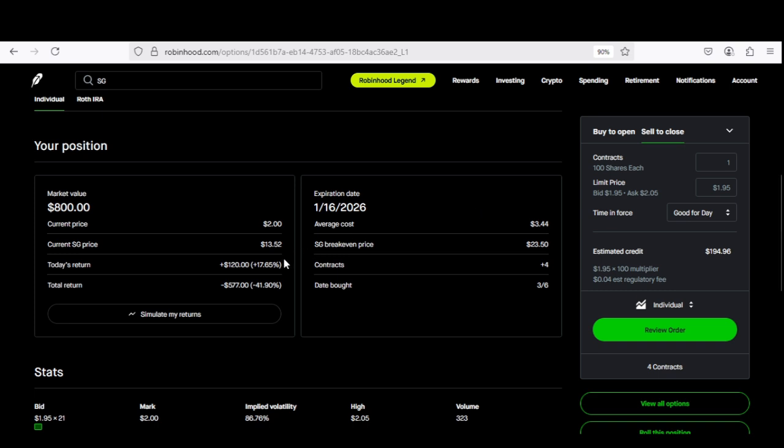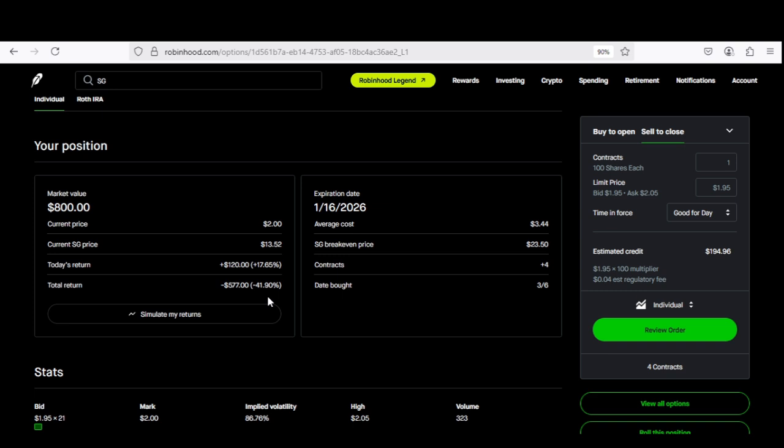As you can see here, I have a total return for the last trading day of $120. However, overall, I'm down almost $600, which is 44% on just this trade alone. But here's the key thing. Every single option trader, whether you buy options or sell options, we're always right.